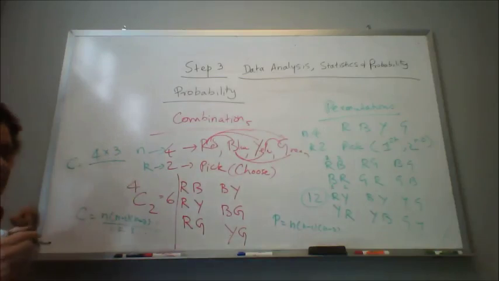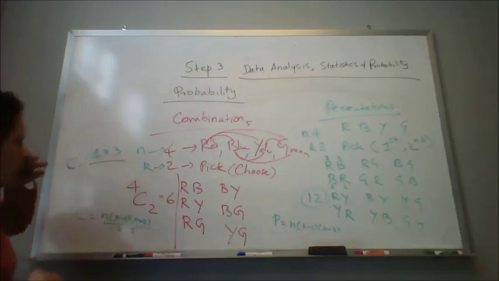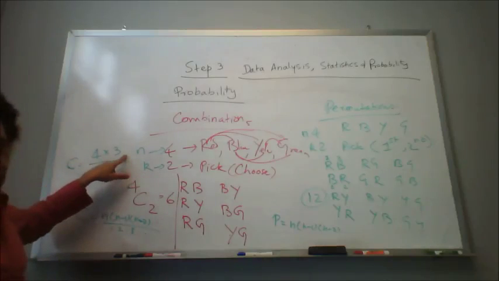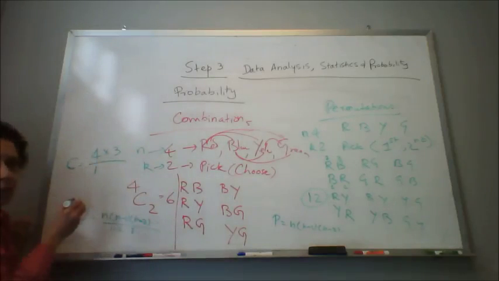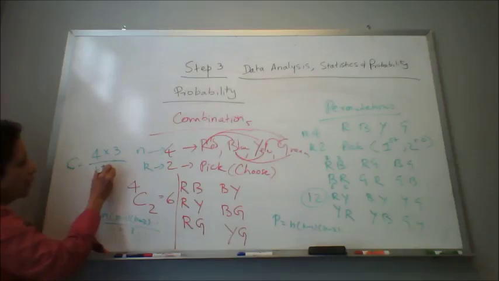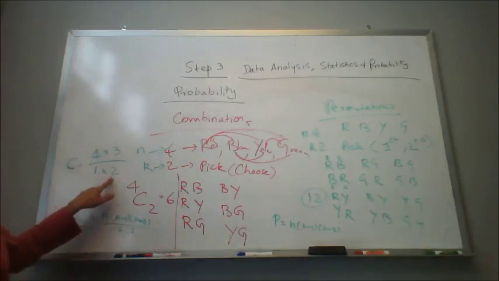If n is 4, you do n minus 1, so the next one is 3. You will always subtract 1. On the bottom, you will always start at 1, and then you add 1: 1, 2, 3, 4, like that, adding 1 at a time.